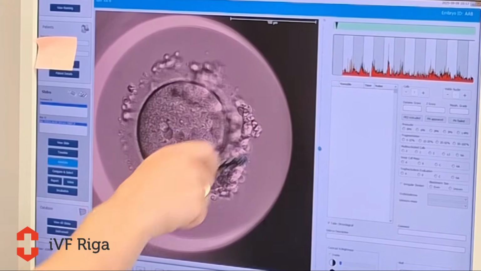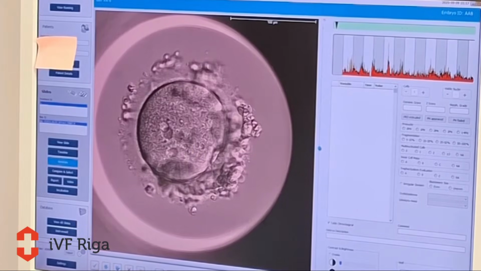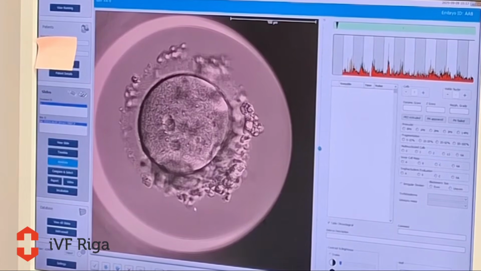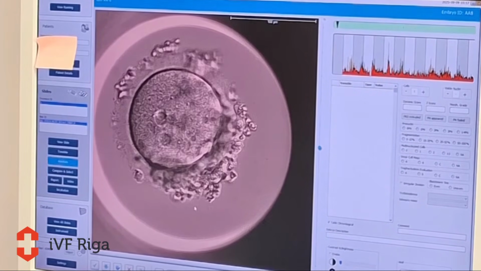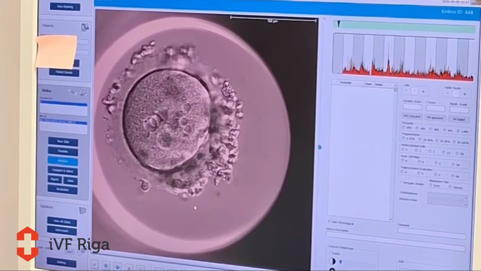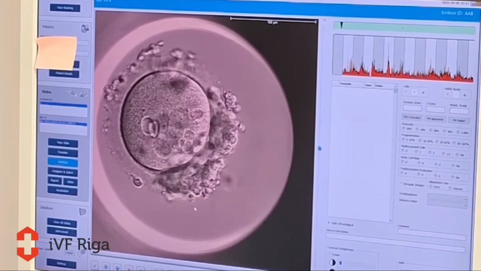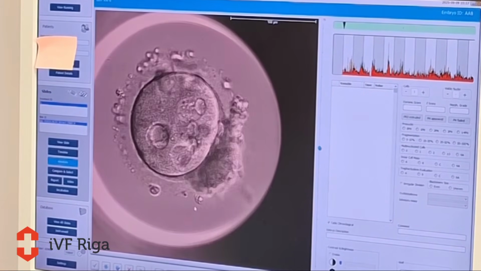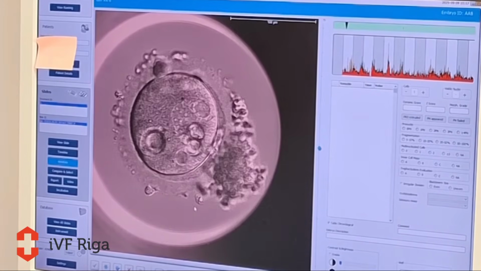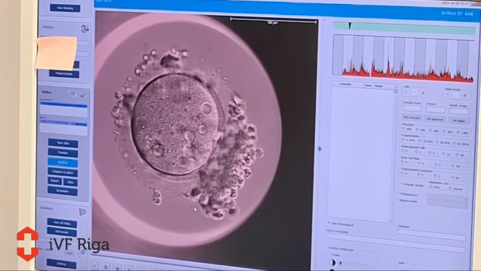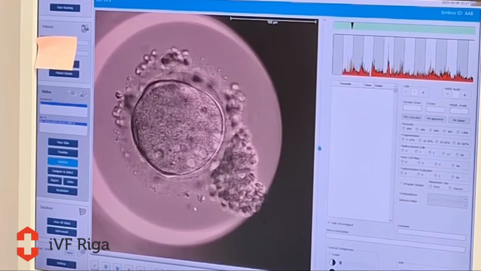A lot of extra liquid is visible around the oocyte. Inside we can see some kind of dots. These are the pronuclei, and the number of pronuclei is more than the norm. So the embryo started with bad luck, and we will see what happens after a short time.